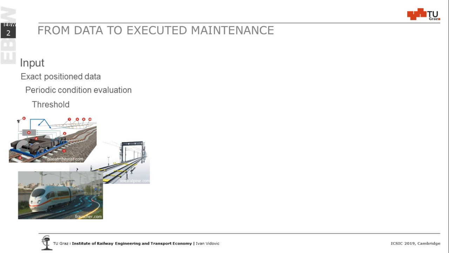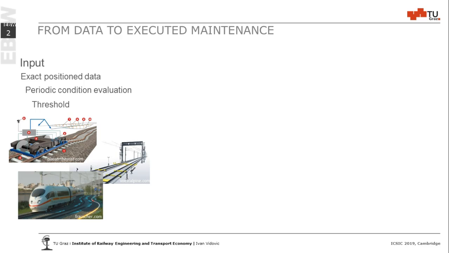But first of all, what do we do at the Institute, and why do we do that? Well, railway track is a very expensive asset, and the overall aim of every infrastructure manager is to achieve a very long life cycle. You can do that if you maintain your asset properly, but the service life depends on two things.